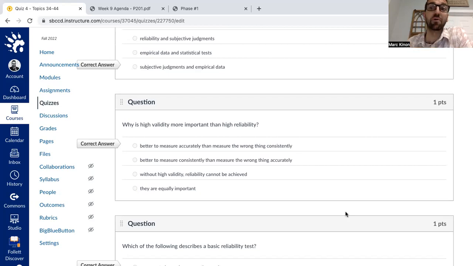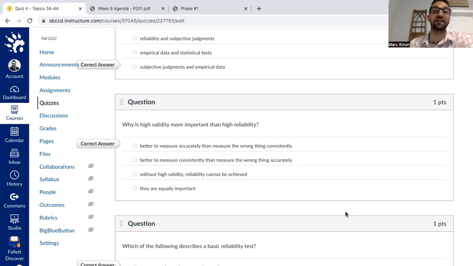So reliability would mean, does it measure the same thing over and over again? Meaning, if I take the Rosenberg self-esteem scale at midnight, and then I take it again at 1 a.m. and then 2 a.m. and 3 a.m. and 4 a.m., high reliability would be you get the same score each time.